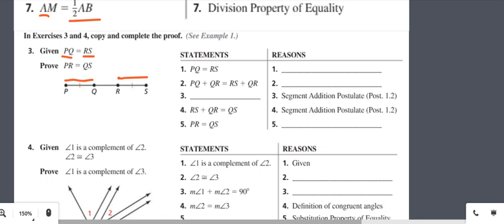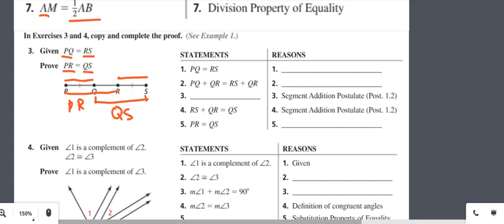Got it? Then we have to prove PR is equal to QS. P to R, what does it mean? This length. And Q to S means this part, that they both are equal. That's what we have to prove.